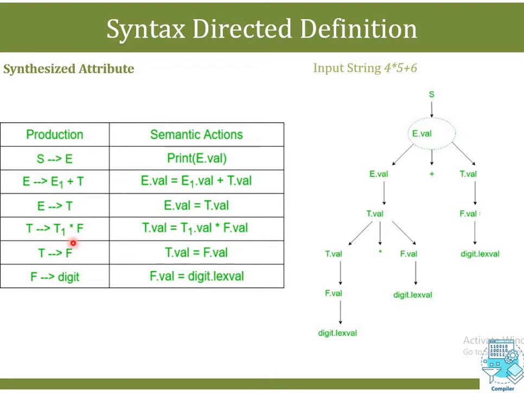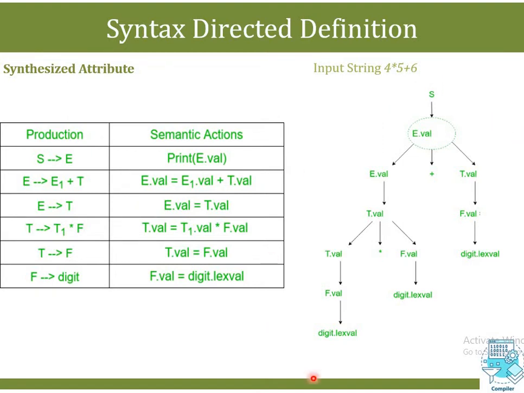I have a grammar, and for every production I have a semantic rule associated with it. Now for the input string 4 star 5 plus 6, we will have a parse tree. We are just considering the parse tree. Hope everyone can get the meaning of it.